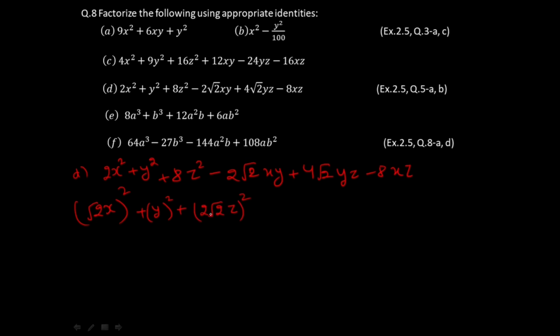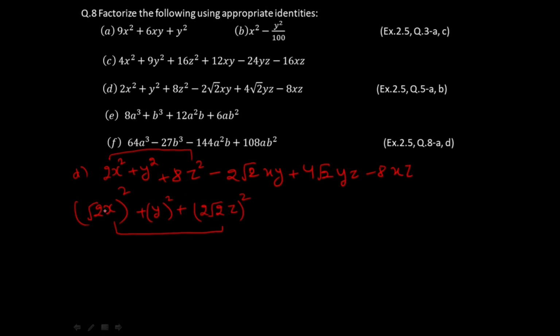You can check it: 2 times 2 is 4, root 2 power 2 is 2, so 4 times 2 is 8, z square, z square. Yes, it can be written. So these three terms can be written in the form of this one.